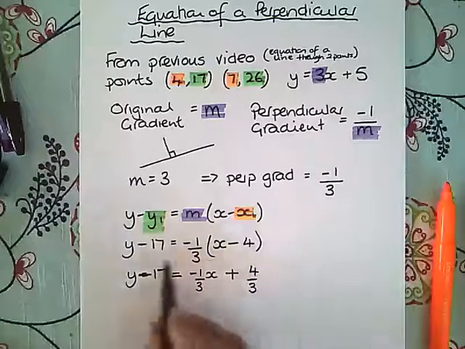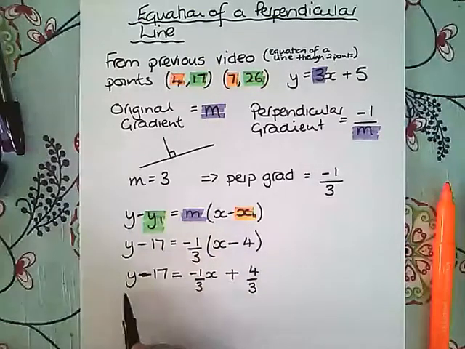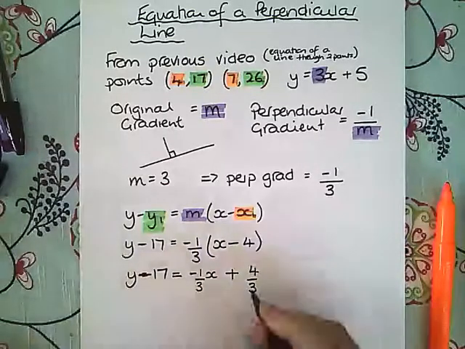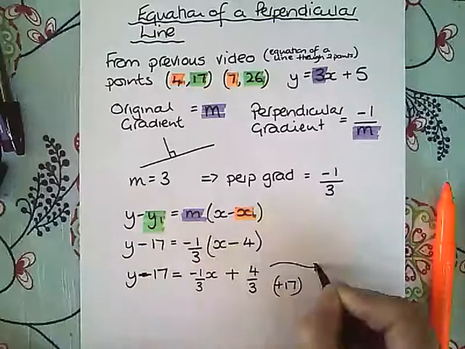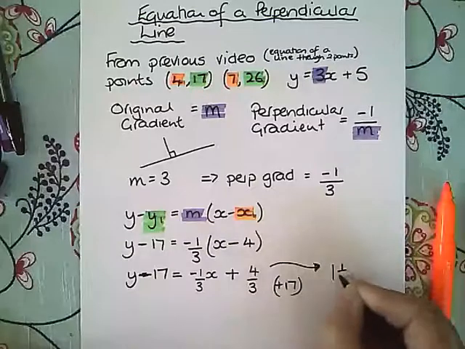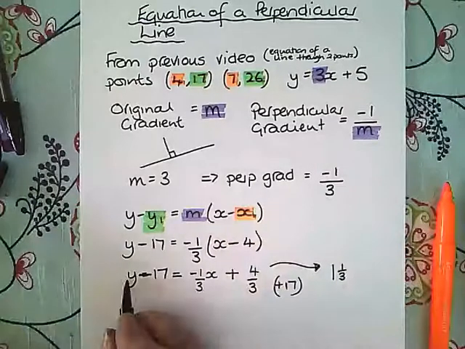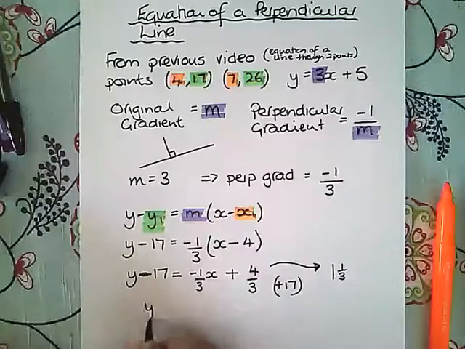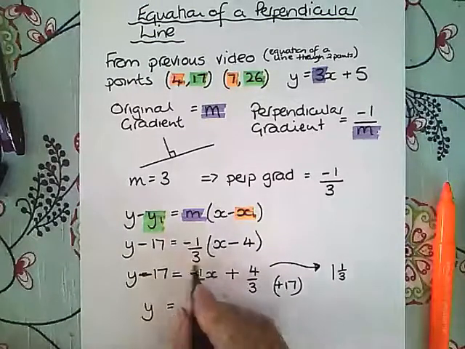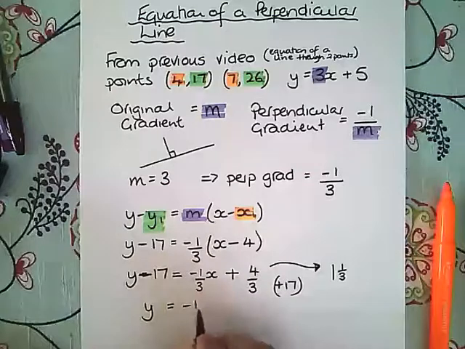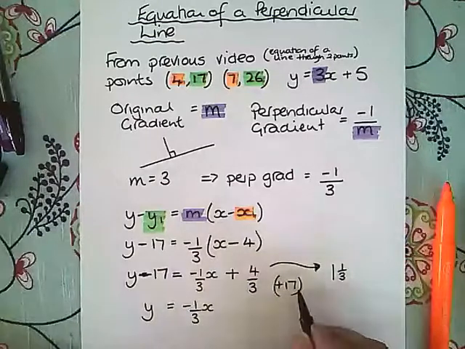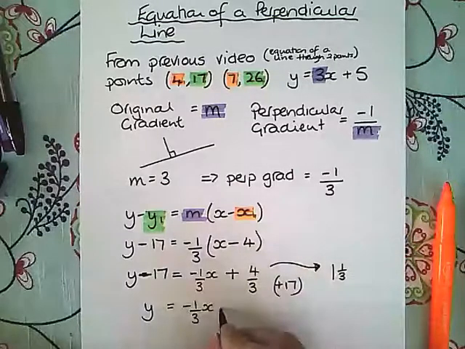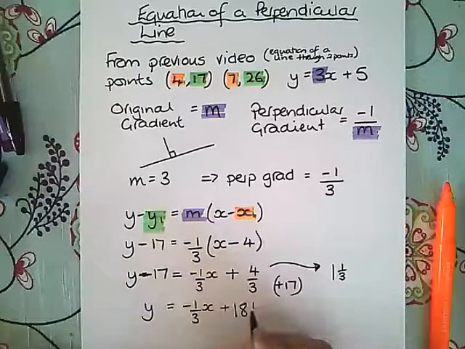Solving this equation, or balancing this equation so that we've only got y on its own, we need to add 17 to both sides. Would have been handy actually if I had put 4/3 is equal to 1 and 1/3. There we go. Add 17 to both sides. y is equal to still -1 over 3 lots of x, and then 4/3, or 1 and 1/3 as it is, add 17 gives us 18 and 1/3.